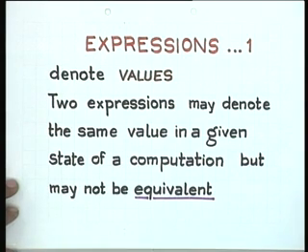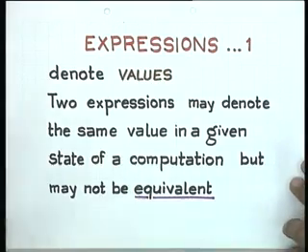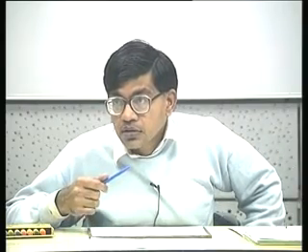Whenever we talk about an expression, its meaning is just a value evaluated in some suitable computational state. A computational state consists of an environment which gives the significance of the names used in the computation, and also maybe the notion of a store which stores values.